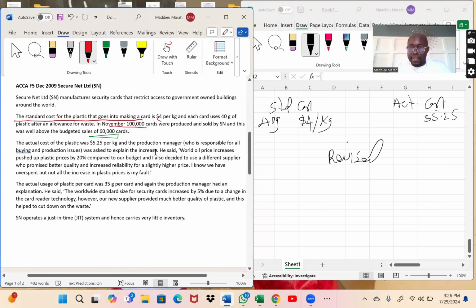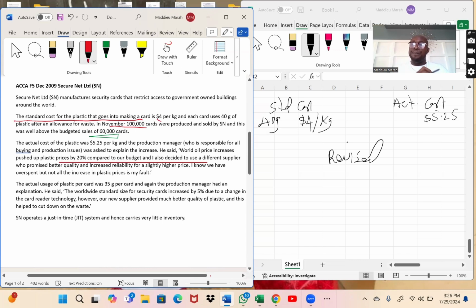See, he said, world oil price increases pushed up plastic price by 20% compared to our budget. This is our revised price compared to our budget. I decided to use a different supplier.